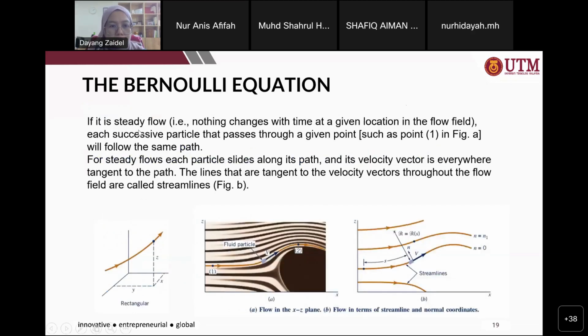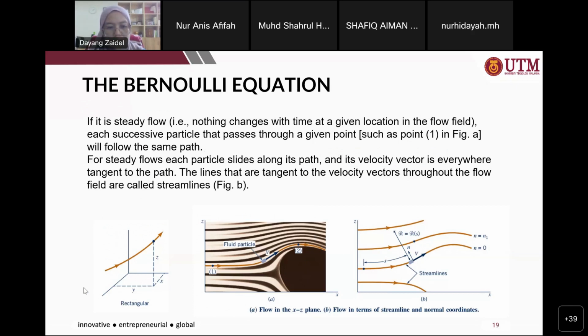If it is steady flow, nothing changes with time. For example, in the figure here, successive particles that pass through a given point will follow the same path. Meaning along a streamline, you can see a streamline, one line.